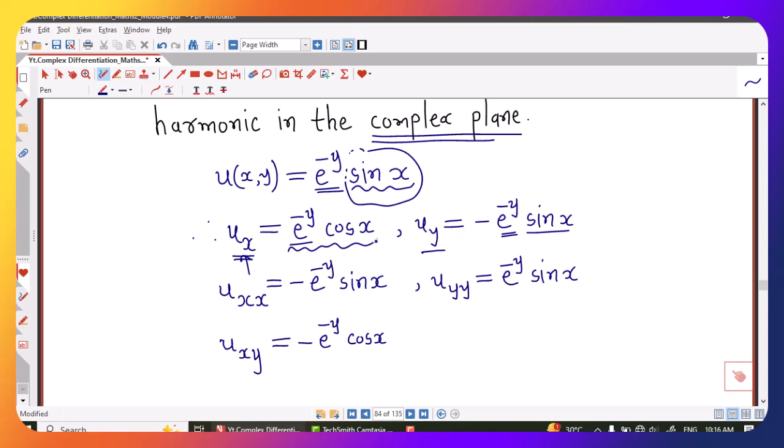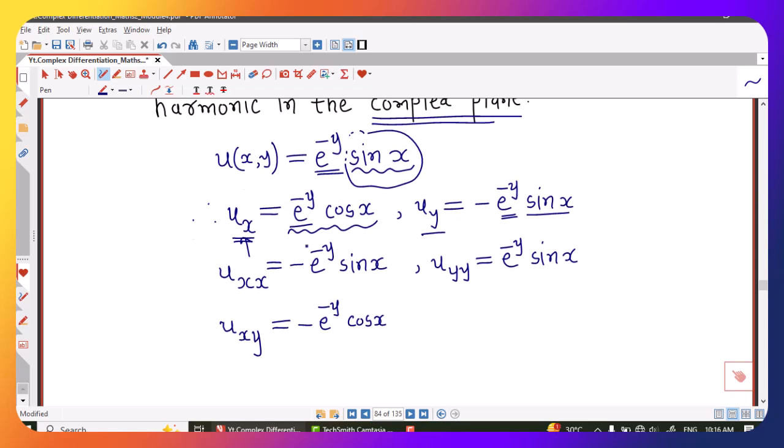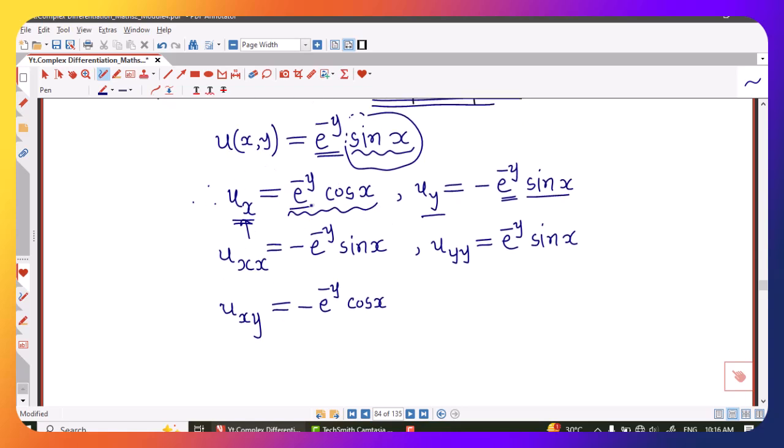So now we can see all these first order partial derivatives contain exponential and trigonometric functions sin x and cos x, and we know that exponential as well as sin x and cos x functions are continuous everywhere in the complex plane.